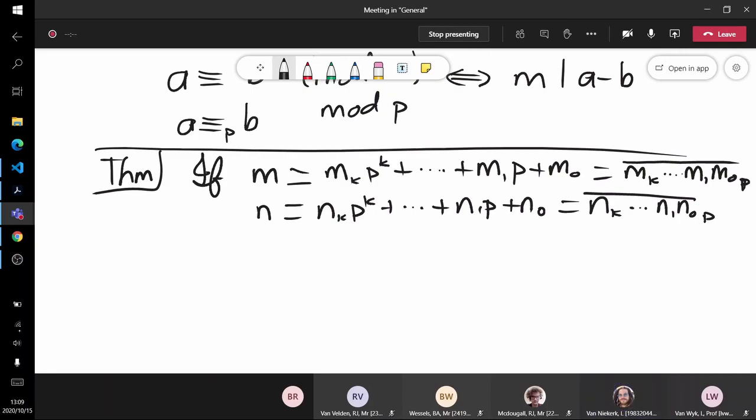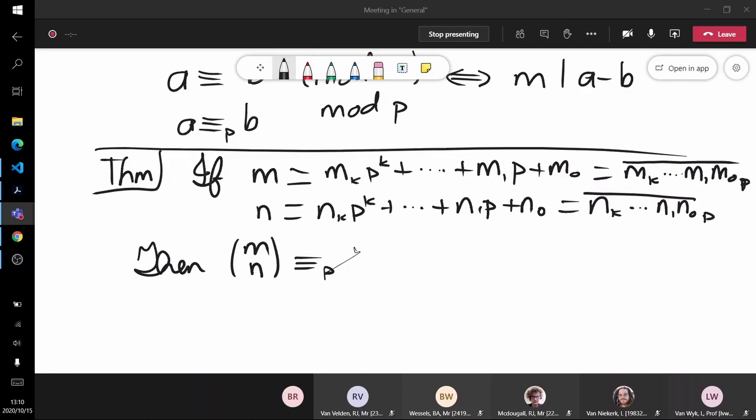So if we have two numbers written in base p, these could be very big numbers. We can consider the binomial coefficient, the first number over the second number. And Lucas's theorem tells us what this is modulo p, or what the remainder is when you divide by p, and it's actually quite nice.